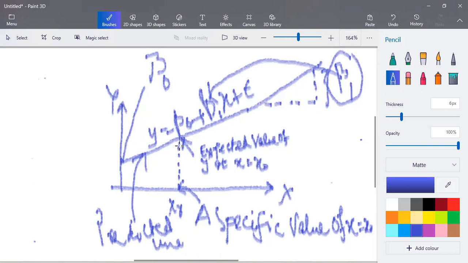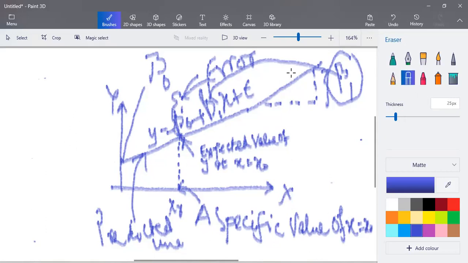So this is my expected value, and if I draw a projection over here on this line of regression, then I will analyze how much error has occurred. So this is just a pictorial representation of an observation of the predicted of a regression model.